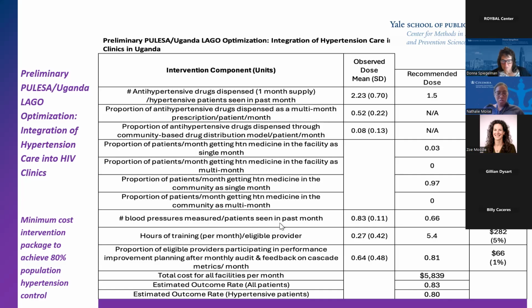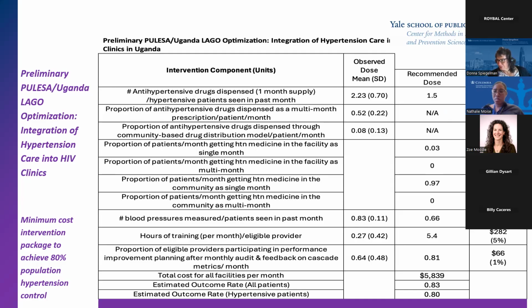And then it's saying that maybe like 2/3 of patients should be screened every month. There should be 5.4 hours of training per month. And that 80% of eligible providers should participate in performance feedback. So this is the optimal intervention based on the data, and 74% of the cost is in dispensing the drugs.